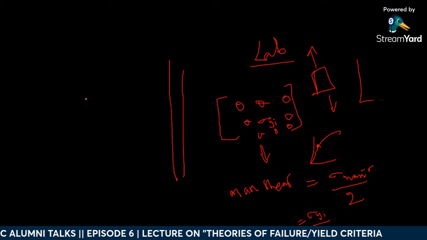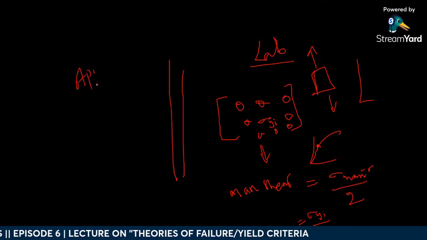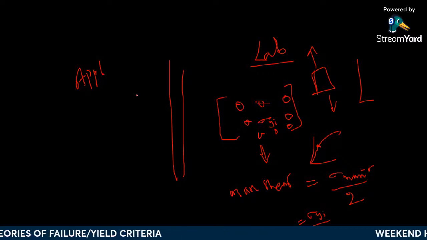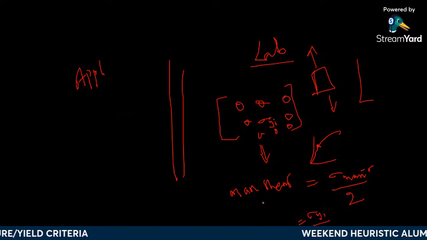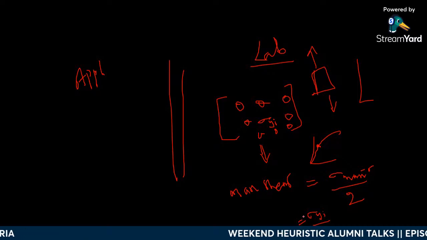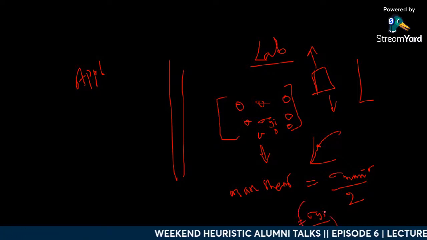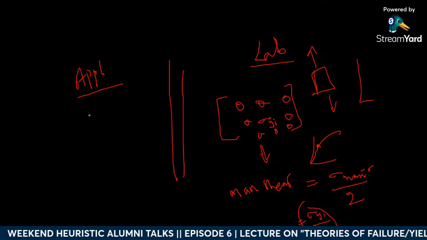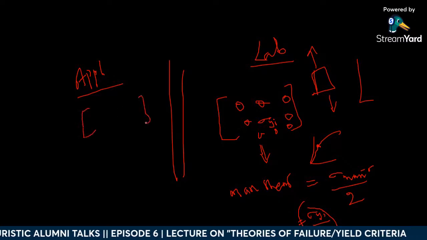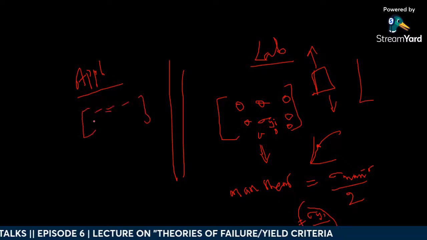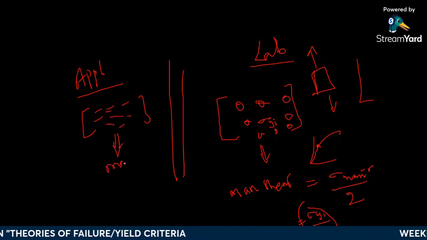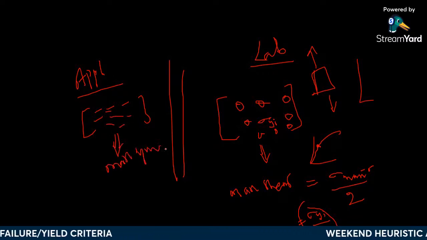So what is the final conclusion you will give to your customer? Whatever the stress situation can be, just make sure your maximum shear stress won't exceed this. How will the customer calculate the maximum shear? Again, here also he will have his own stress matrix. From this, first he will calculate the maximum principal stress and the minimum principal stress.